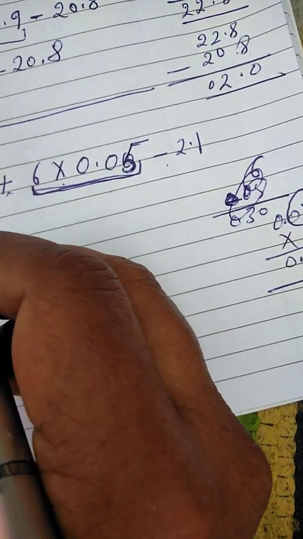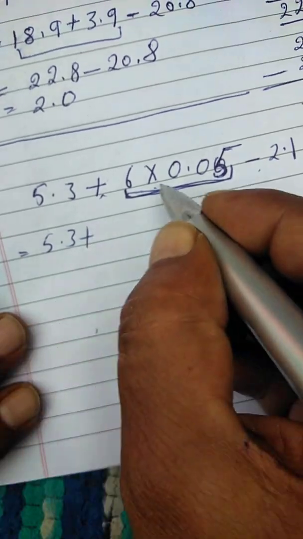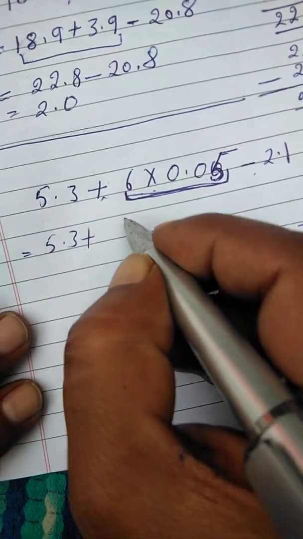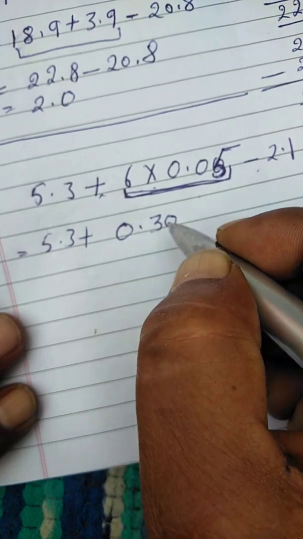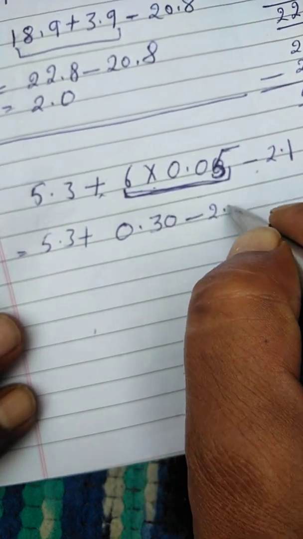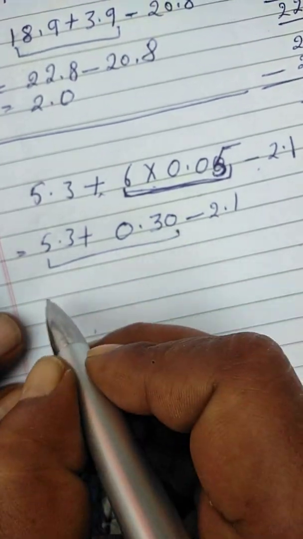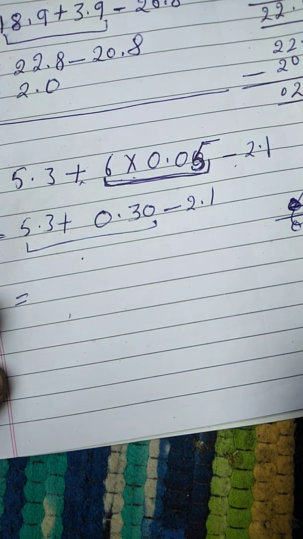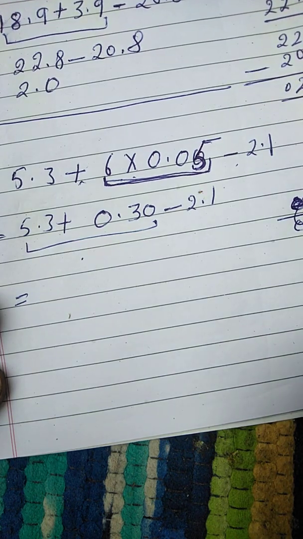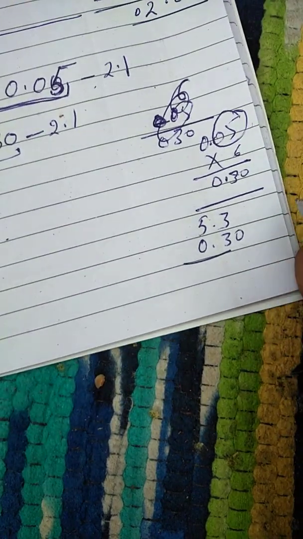So 5.3 plus, when you multiply 6 by 0.05, you got 0.30, minus 2.1. Now after that, addition is there, so add this one. So what do you get now? 5.3 and you will add 0.30 this way.